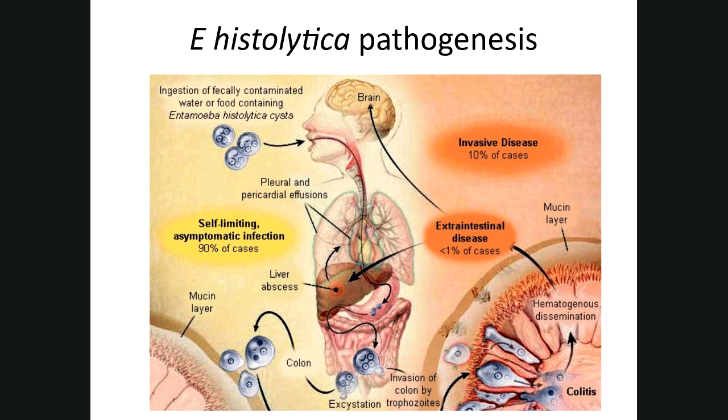Now, as far as intestinal amoebiasis is concerned, the organism goes into the large intestine, and if you look at this, this is the section of a portion of the large intestine. This is the lumen, and this is the inner portion. It will invade through the mucosa and will form ulcers here, right?